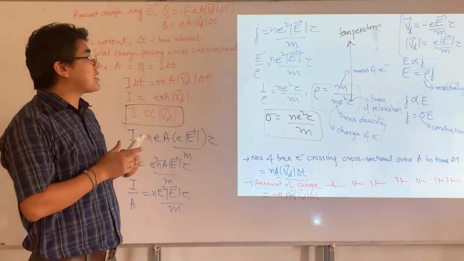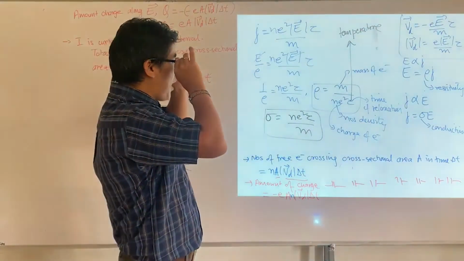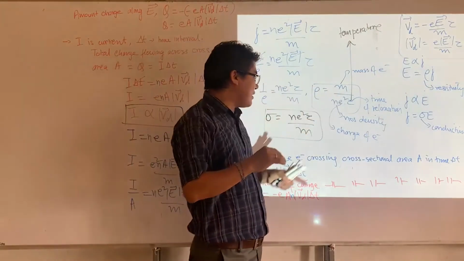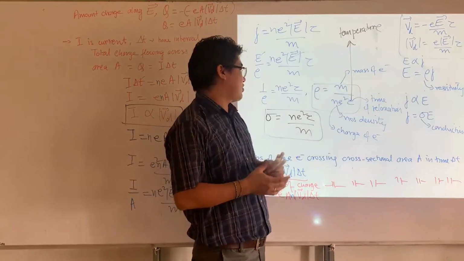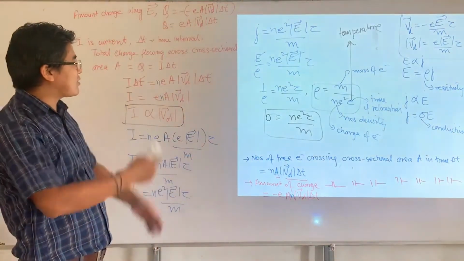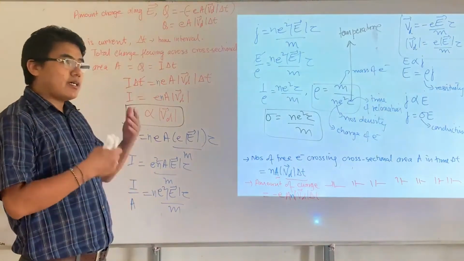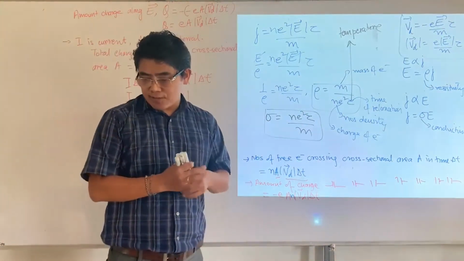So therefore, resistivity is defined by two important factors. One is the nature of material, that is N, number density. Another is the temperature, that is defined by time of relaxation. Now I have done a complete explanation regarding drift velocity and relationships. This is very important for exam.